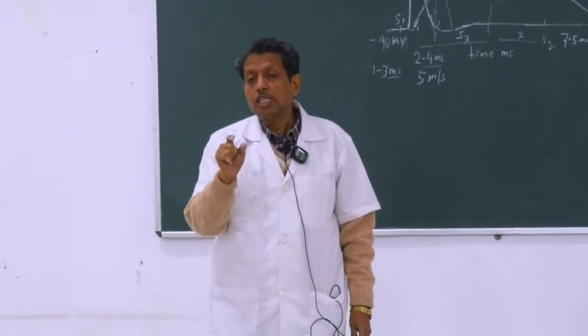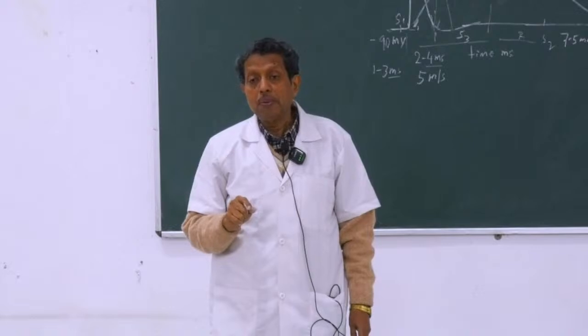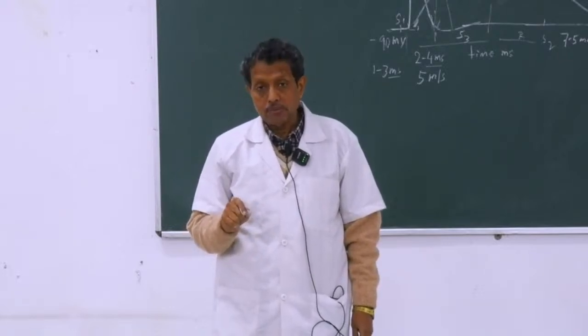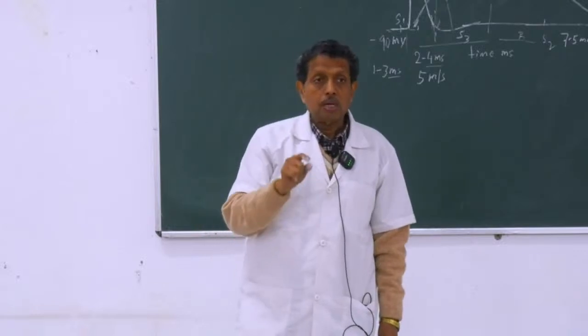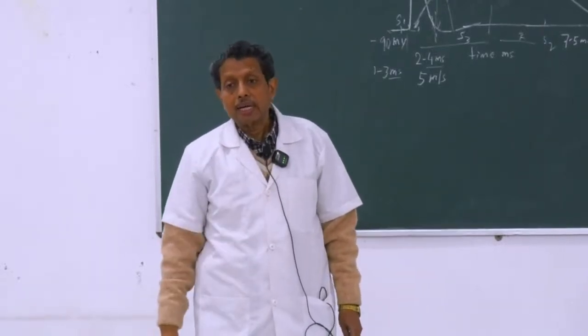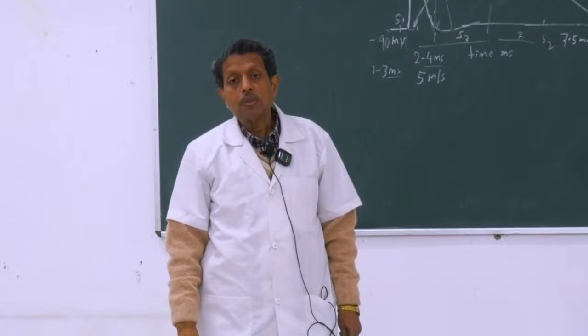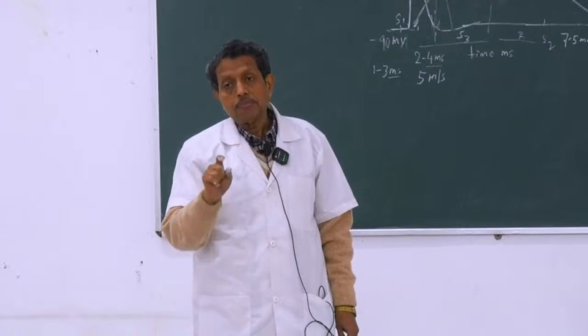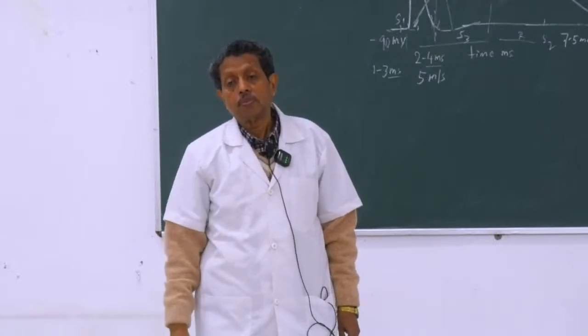Muscle twitch is demonstrated in the laboratory, in the amphibian preparation, and it will be discussed by me in the practical class. Due to some disruption of the hematology class, amphibian practicals are being dealt with.